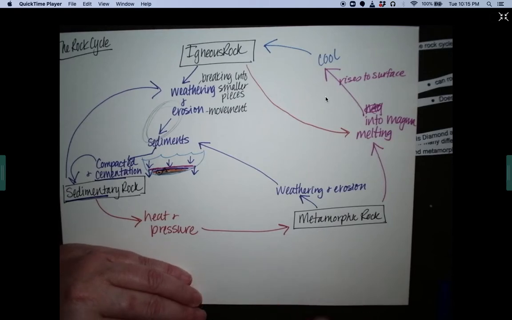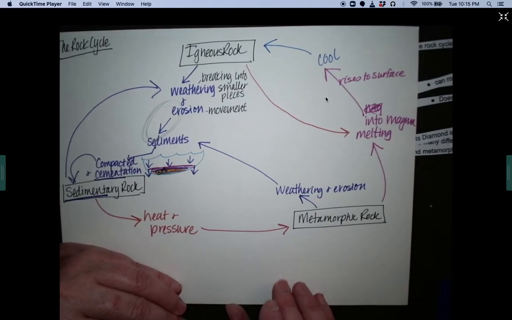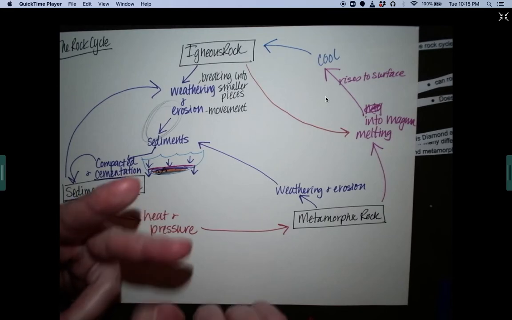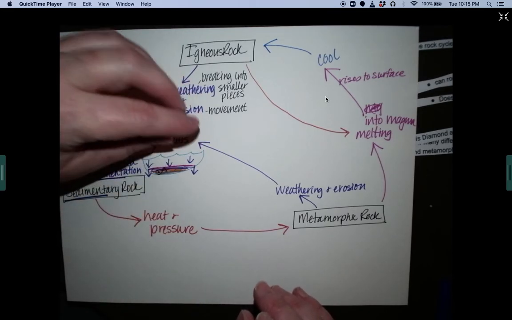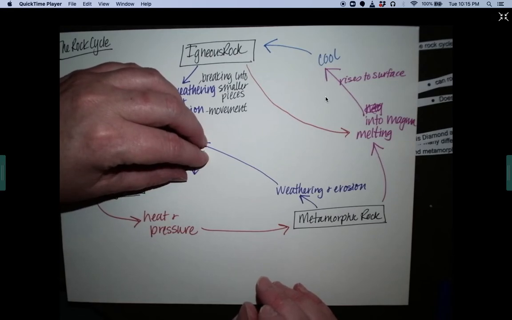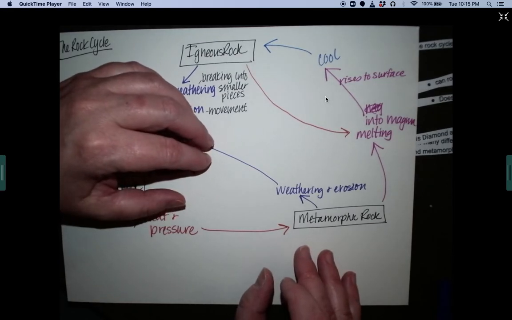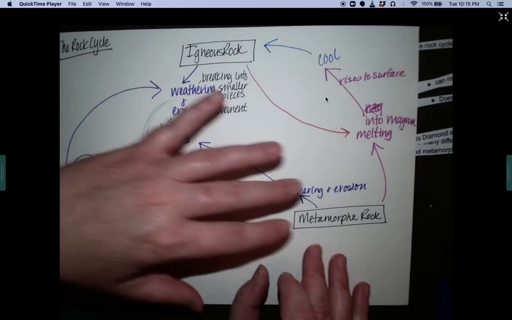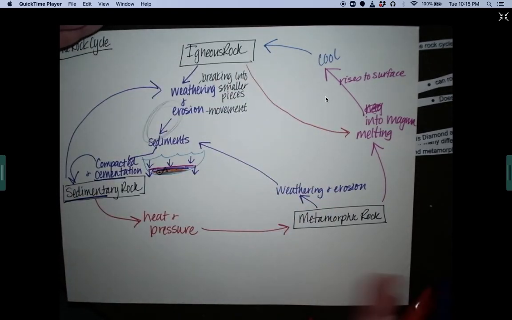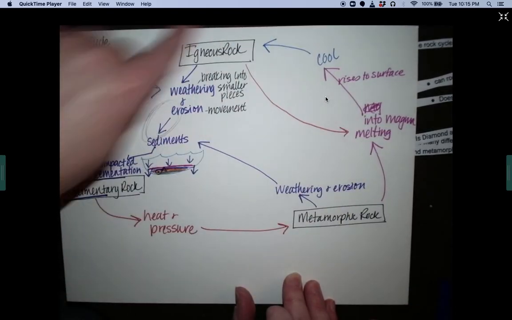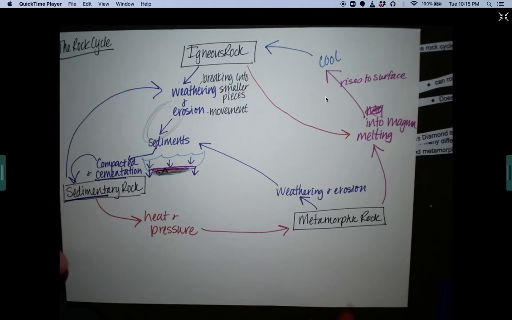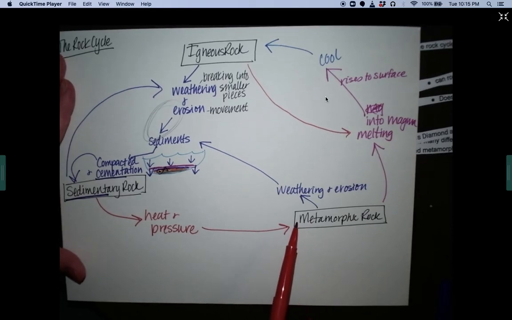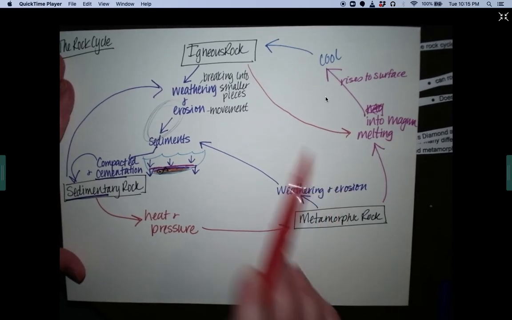And why did I say 90%? Because there have been things like asteroids and meteorites that have brought different rocks into our planet that were not there when it was formed, okay? But every single rock on this planet right now is going to continue going through this as long as our planet is in existence. All right, so you can have a metamorphic rock melt into igneous rock.